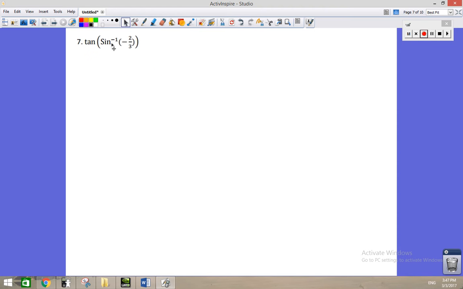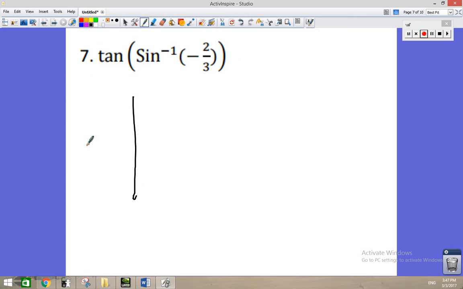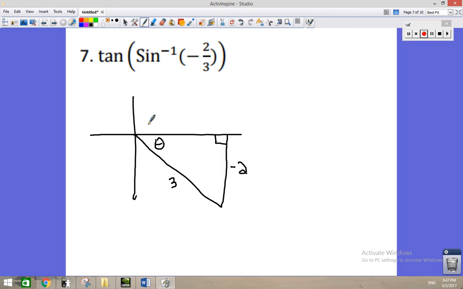Alright, inverse sine, we think the right half, quadrants 1 and 4. Since it's negative, let's place our triangle in quadrant 4. Call that theta. Put the negative sign going down with negative 2. The hypotenuse, always make it positive. By the Pythagorean theorem, this side is the square root of 3 squared minus negative 2 squared. 9 minus 4, square root of 5.